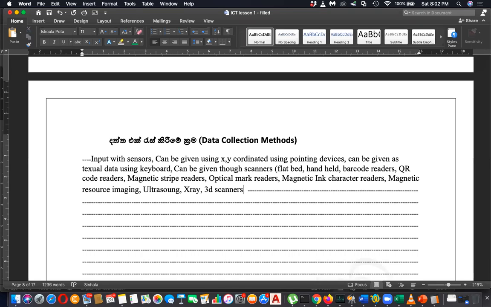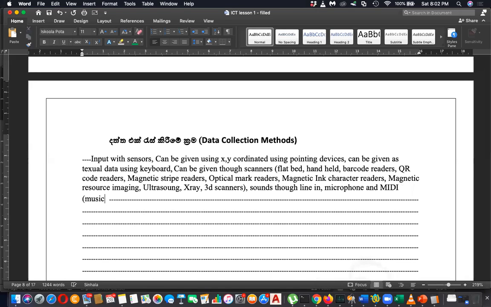And you can input sound: line in, microphone, and MIDI. What is MIDI? MIDI is sounds you can produce by playing a keyboard. It's called musical instrument digital interface.